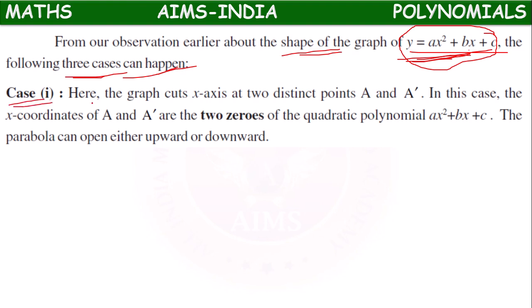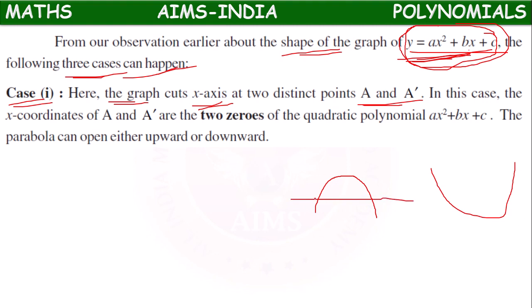Case one: the graph, meaning the parabola, either open downwards or open upwards, may cut the x-axis at two distinct points, one is A, another one is A dash. That is the first case.